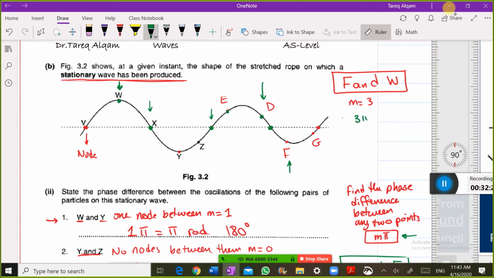look here, guys. The possible phase differences between any 2 points are either in phase or antiphase. It's unlike progressive waves. In progressive waves we can find in phase, antiphase, and out of phase. Here, either the points are oscillating in phase or antiphase. There is no other choice. Clear?